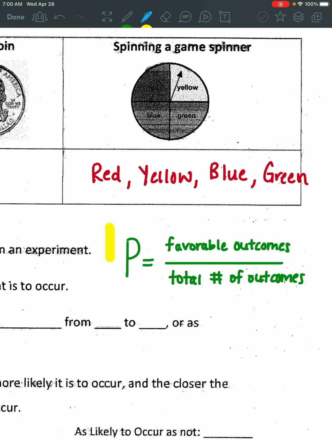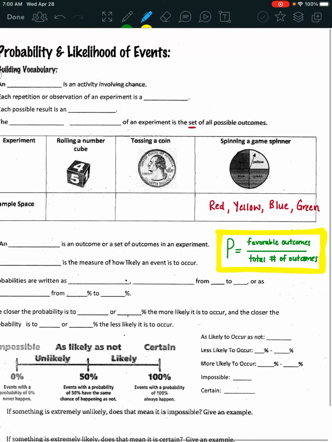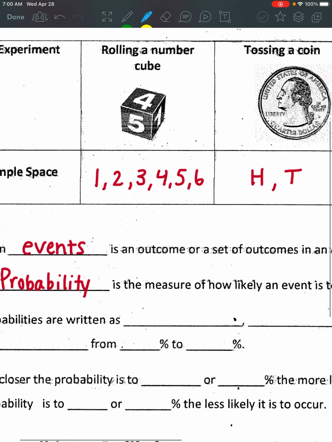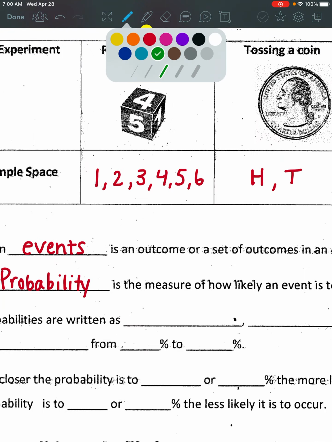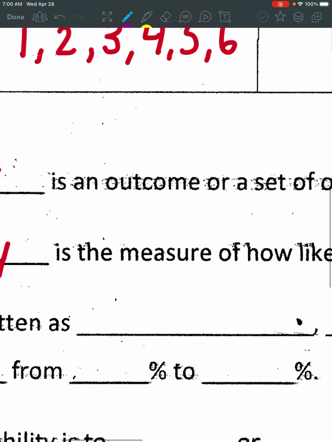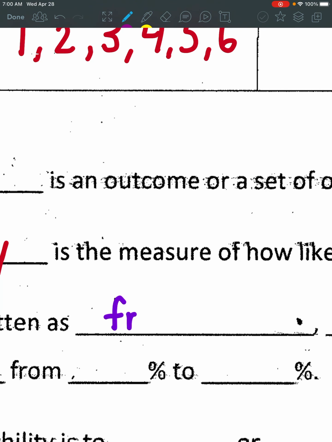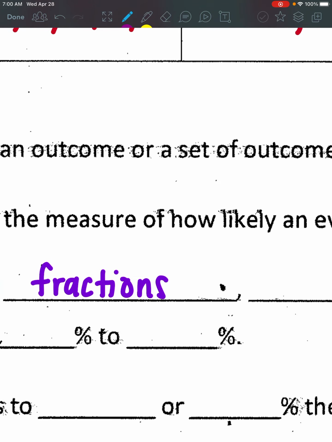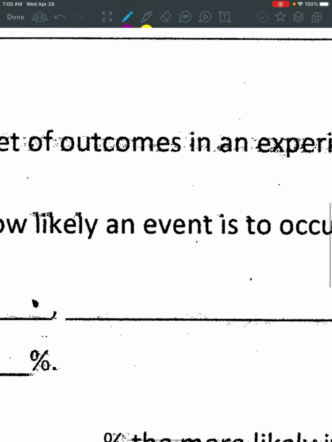So over here, let's highlight this part. This is how we're going to find probability of certain events. Now, after we do that, probabilities can be written many different ways. Most likely, we're going to be writing them as fractions, because that's how we just set up our definition of probability. Well, we can divide those fractions and turn them into decimals.